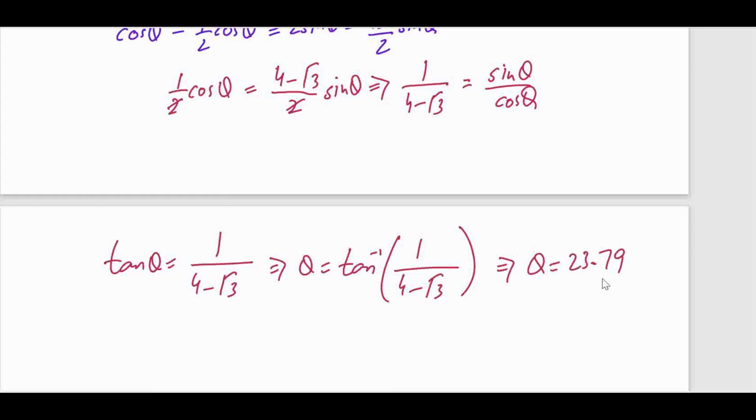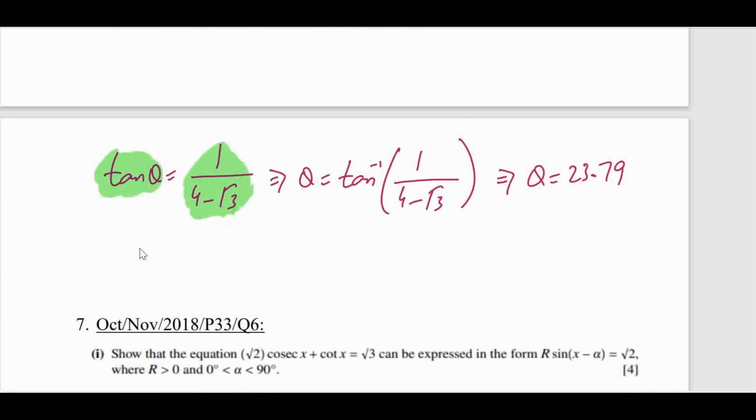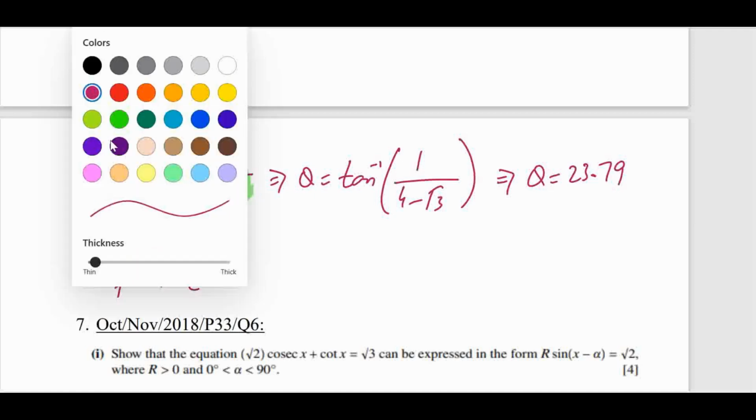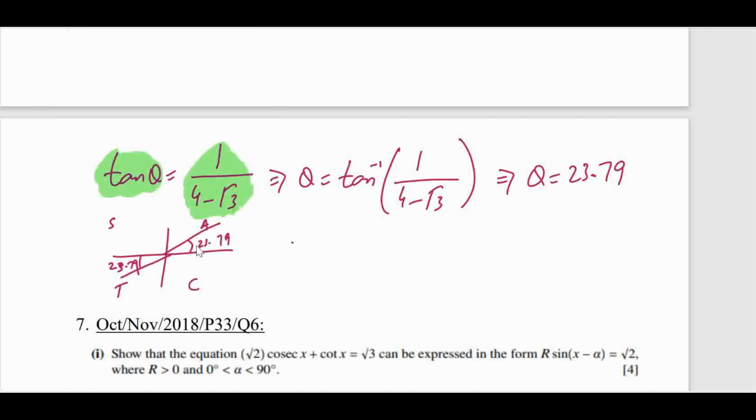So theta will be equal to 23.79. Keep in mind that whenever we want to solve a trigonometric function, we always have to check that the answer lies within the range. So we can see here the CAST diagram, and tan is positive in two quadrants, this one and this one. So 23.79 and 23.79, which means that we will have two angles.